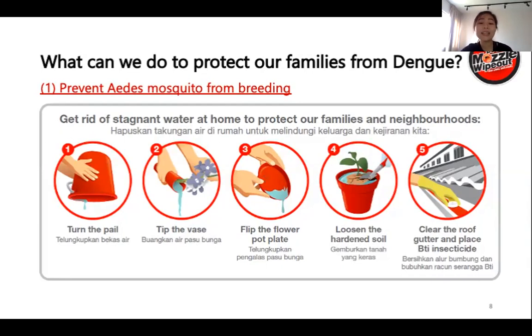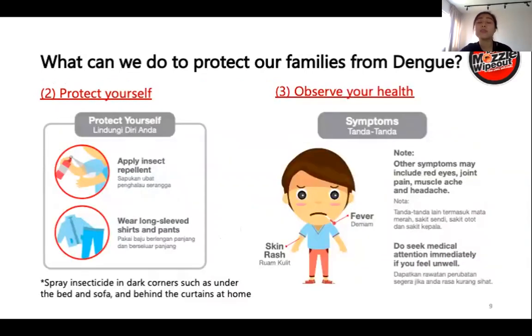Secondly, let's look at how we can protect ourselves and reduce exposure. If you know that you or your family are in an area with a high dengue cluster, or you are going to one, please try to wear long sleeves and pants wherever possible, and apply mosquito repellent. Mosquitoes love dark corners, like under the bed, the sofa, or behind the curtains.